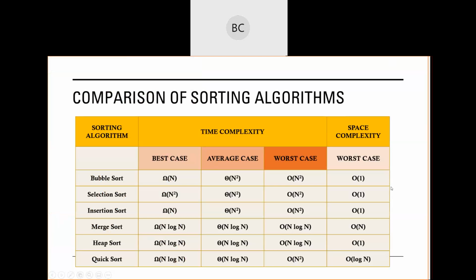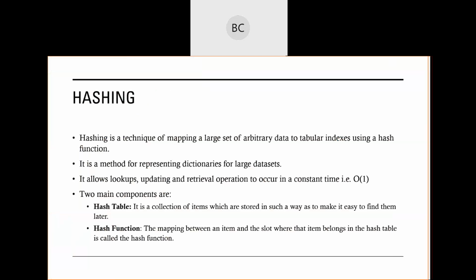So this is just your comparison table for all the sorting algorithms we have already discussed. Last class we discussed this. So just come to the hashing part. Hashing is just a technique for mapping a large set of arbitrary data to tabular indexes using a hash function. So in hashing, basically two components will be there.